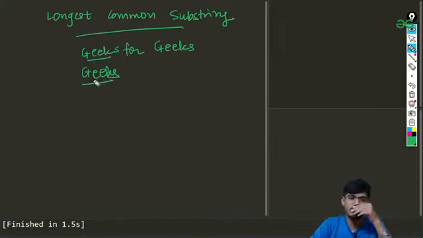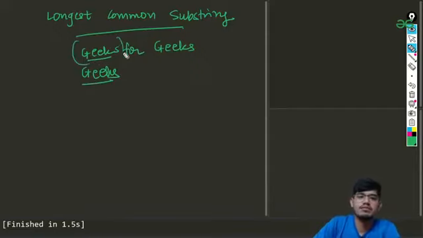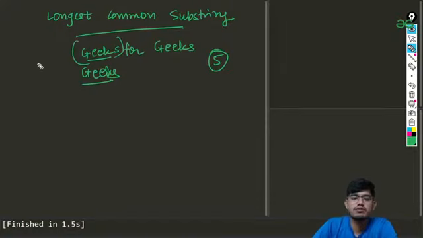For this example, the longest common substring will be 5. That is the question for you. You need to tell me how you will solve it. It is similar to that only.